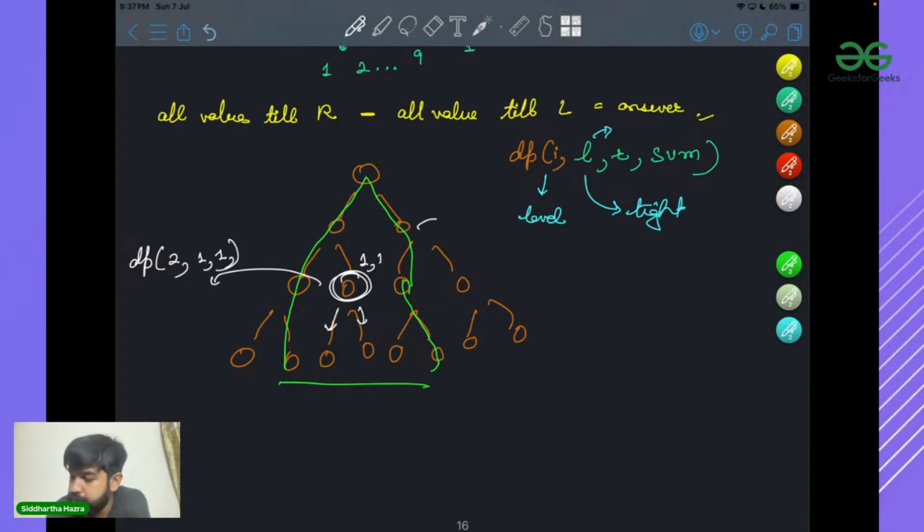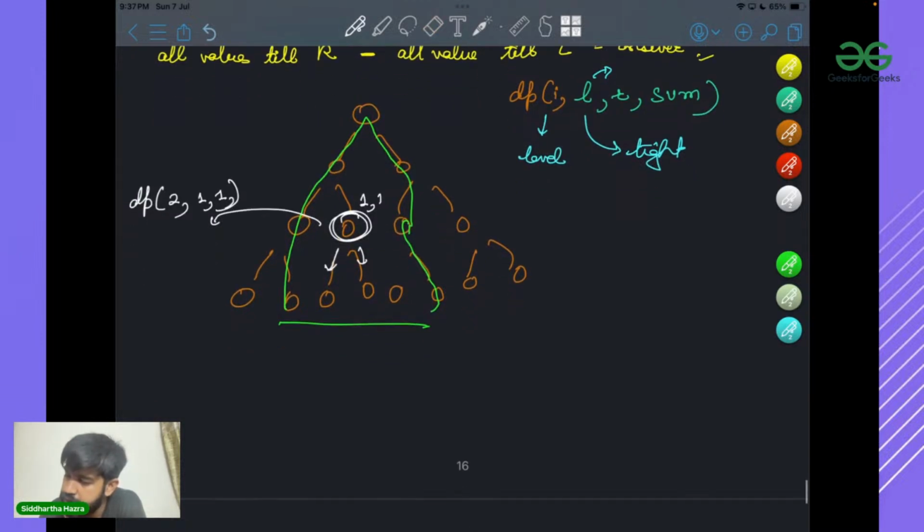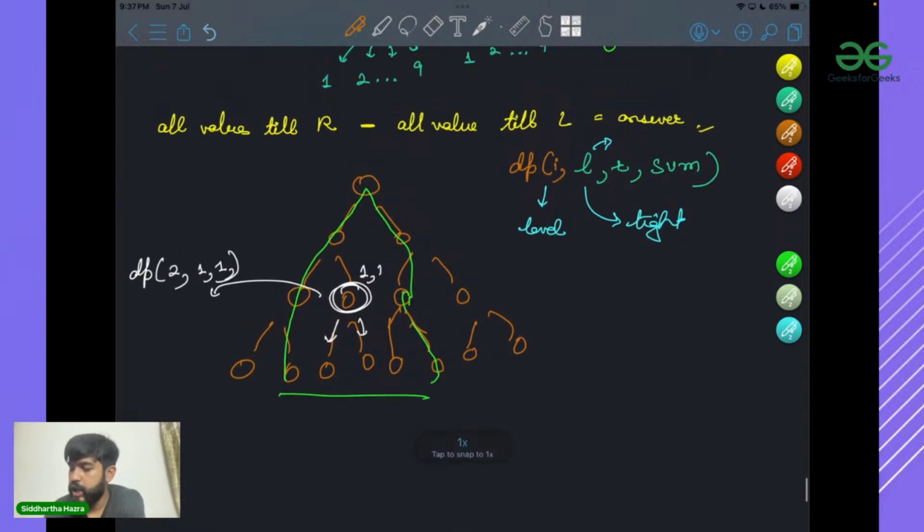Now let's talk about this node. Yep, this node. If you talk about the DP state of this node, it would be the level it is currently at.